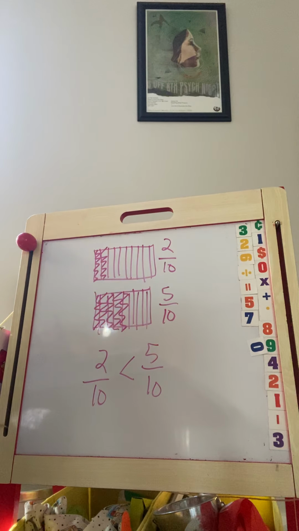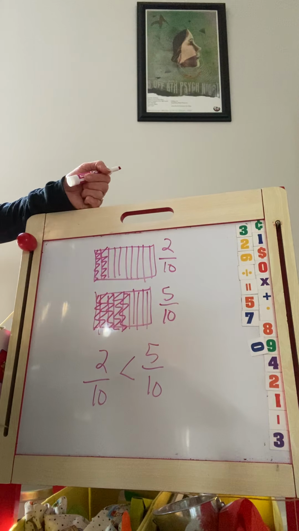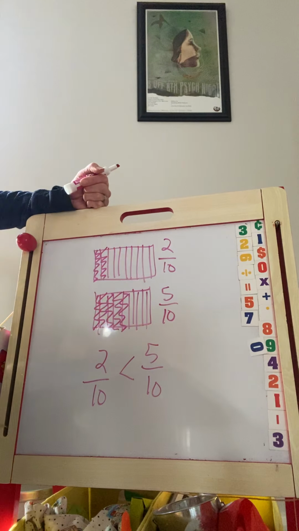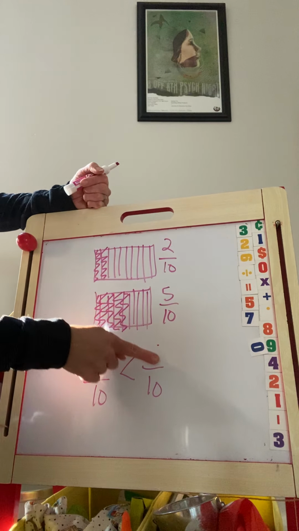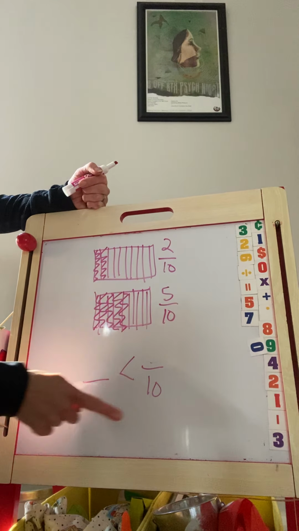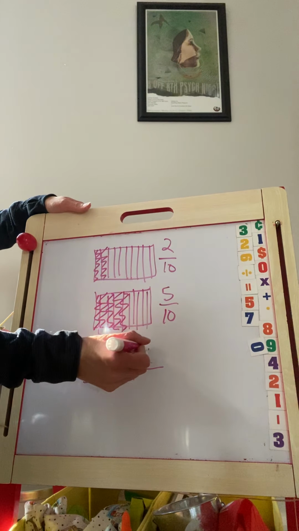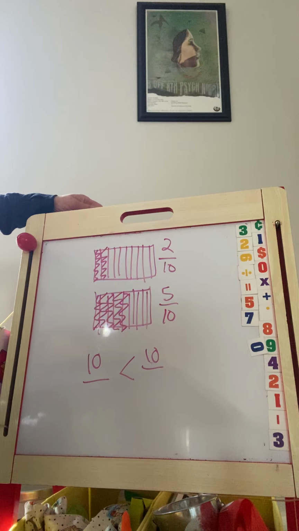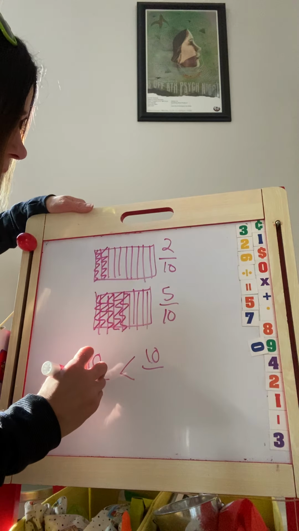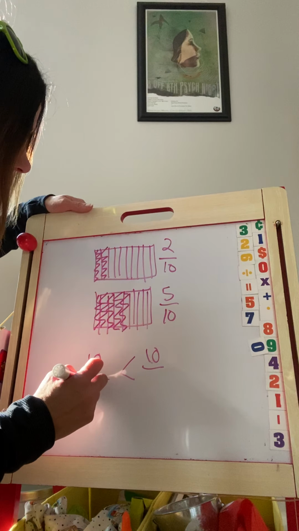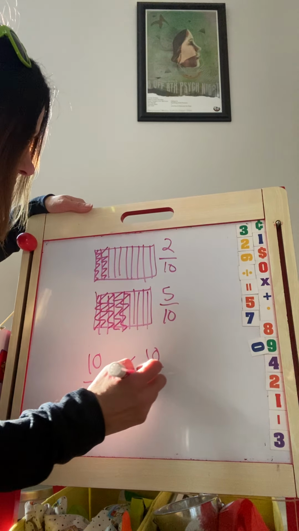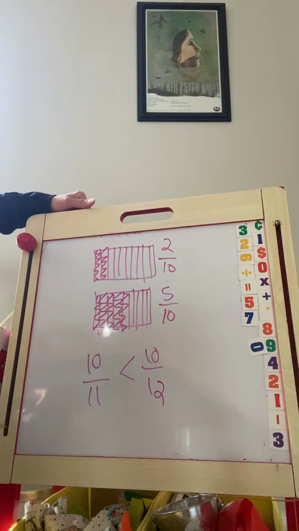That does not always happen when you have your numerators the same and your denominator is different. If both of my numerators were the same, say both of them were 10, but my denominators were different, like, let's say that this was 11 and this was 12.